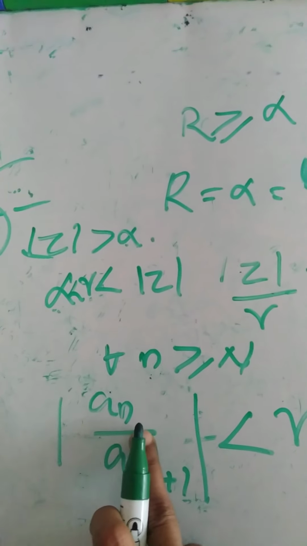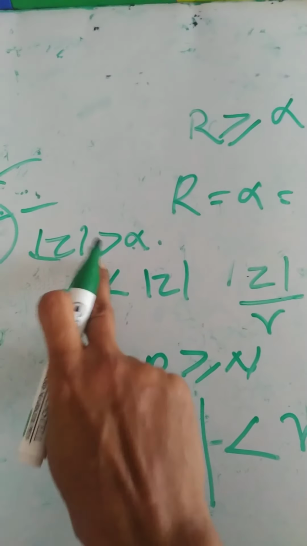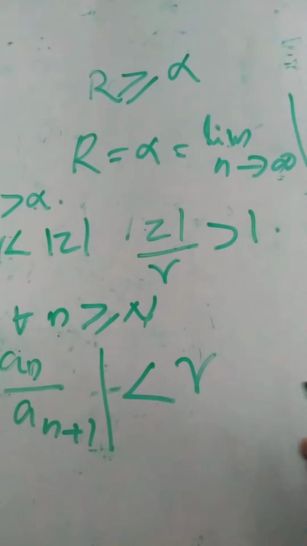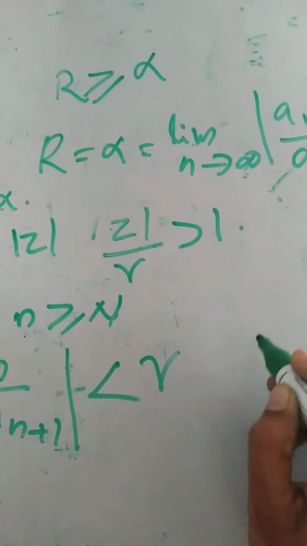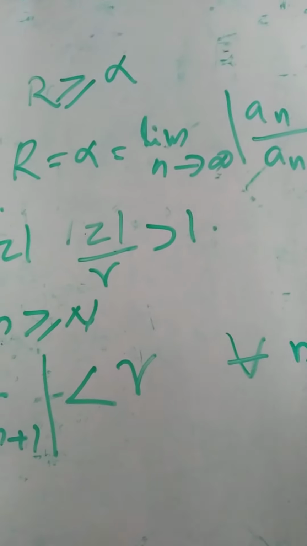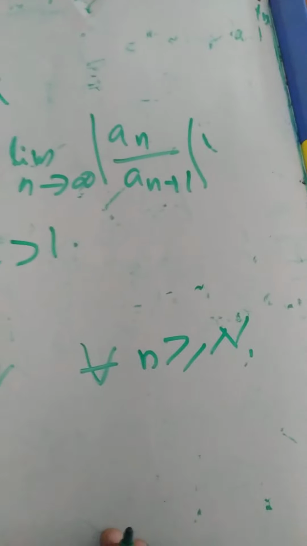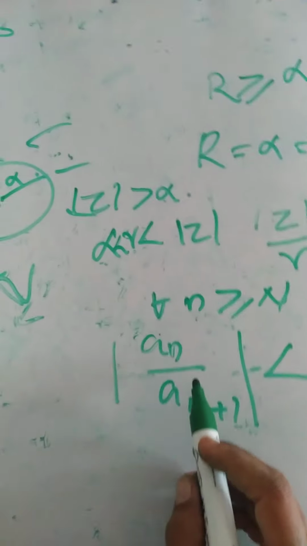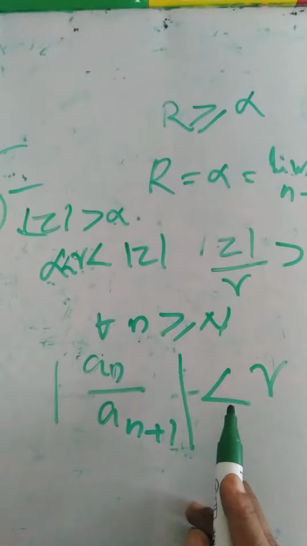Since the limit of the sequence is less than r, there exists a positive integer capital N such that for every n greater than or equal to capital N, modulus of a n divided by a n plus 1 is less than r.